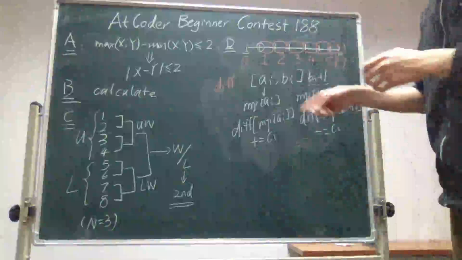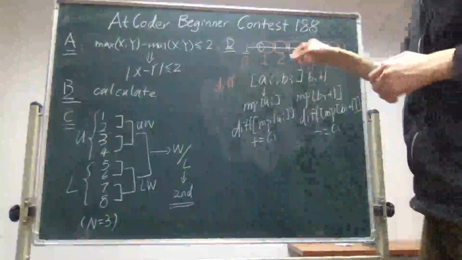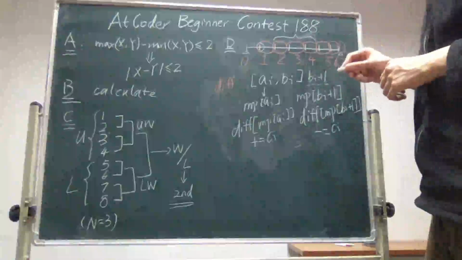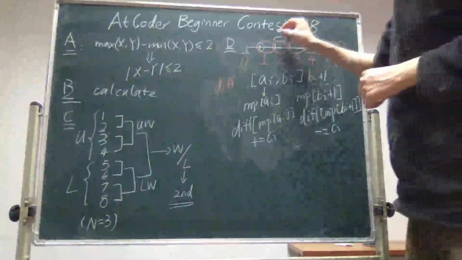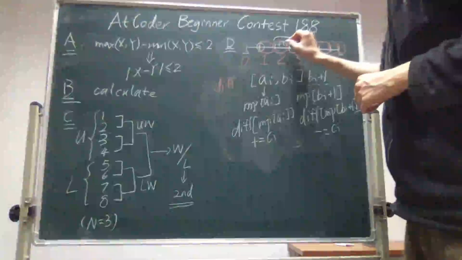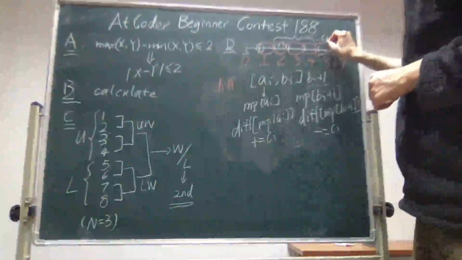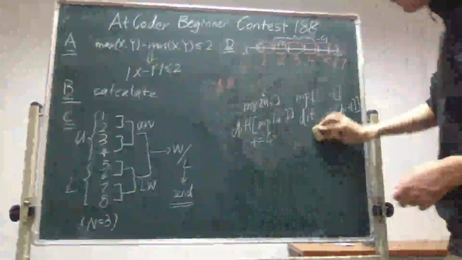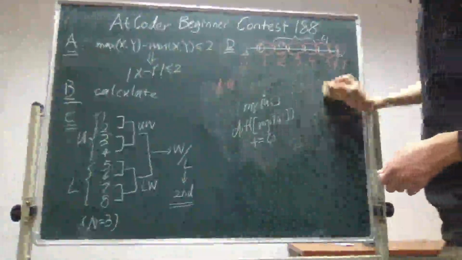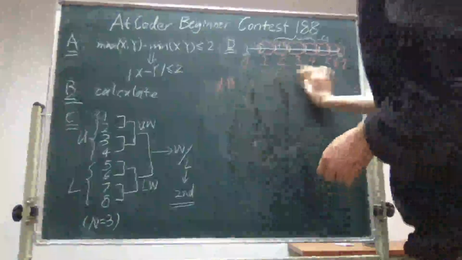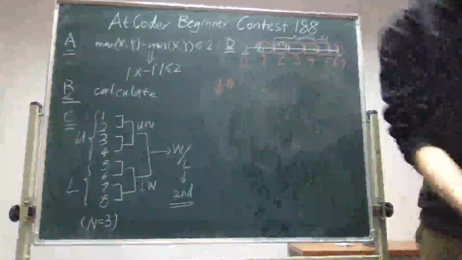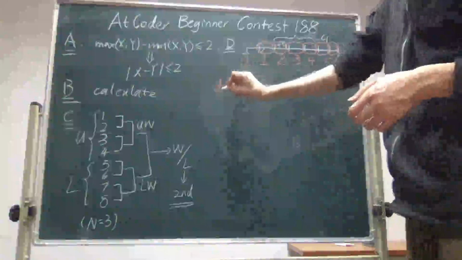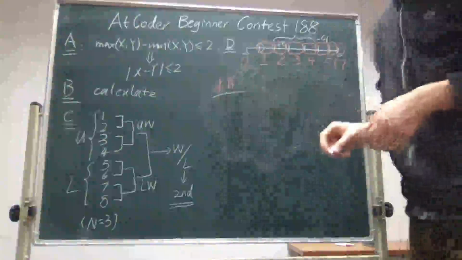So this means if this service covers these 3 segments, we will add C1 here and minus C1 here. Then after we get the difference array, we can easily get the value of each part by simply accumulating the difference array.